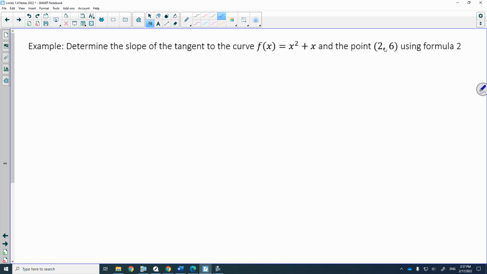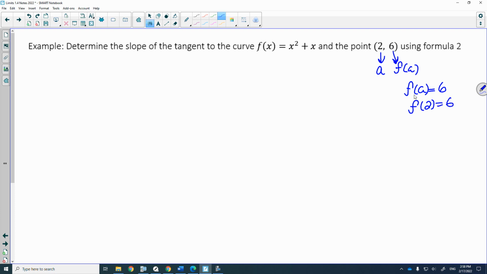So if I take that point, remember that, just like Formula 1, that is your a value, and this is your f of a. So f of a is equal to 6, or f of 2 is equal to 6.